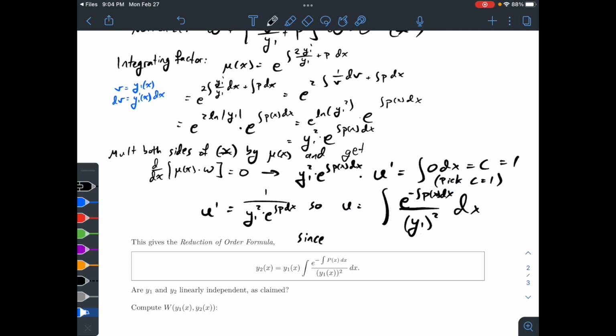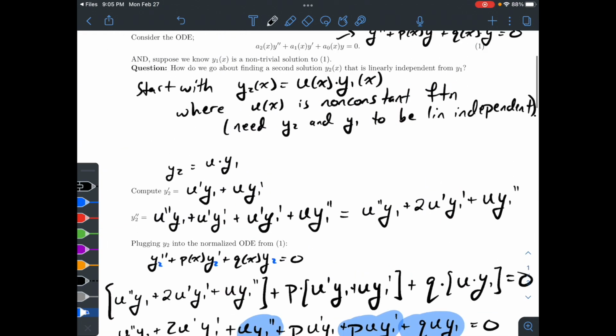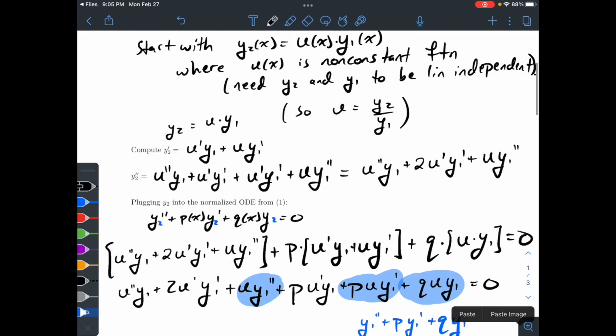And since u is equal to, what was u equal to again? Yeah, u is equal to y2 over y1.